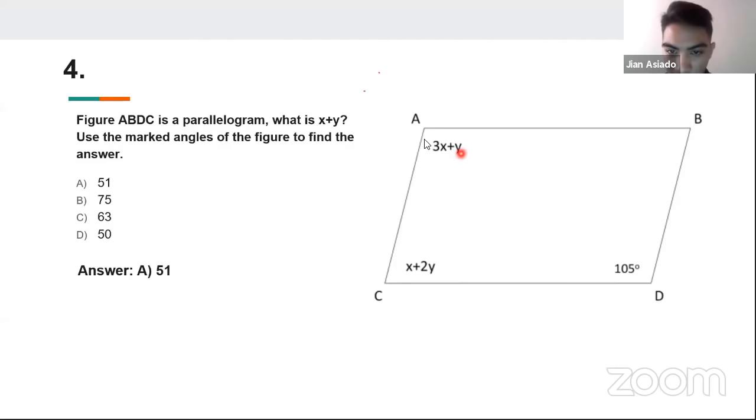So kung mapansin natin, ito si A, no? Itong si A, equal siya dito kay B. Same lang sila. Yan. Kasi, bakit? Kasi parallelogram siya, tapos yung parallelogram kasi equal yung opposite angles ng corners niya, no?